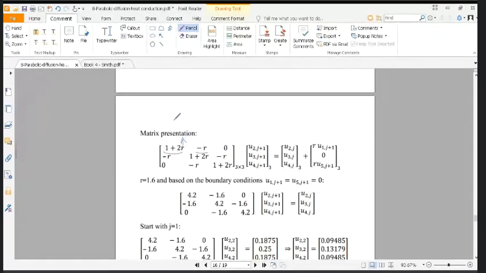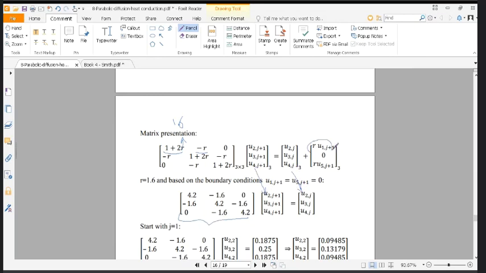We replace 1.6 for r, and we have this coefficient matrix. This is the unknown vector, this is the known vector, and this is the boundary vector.